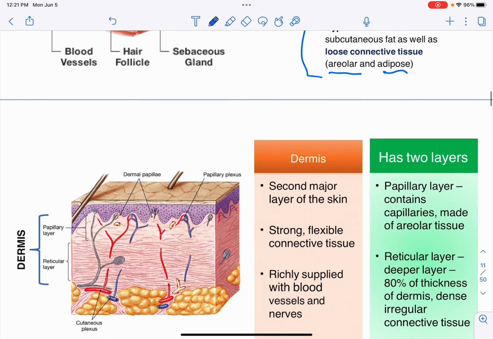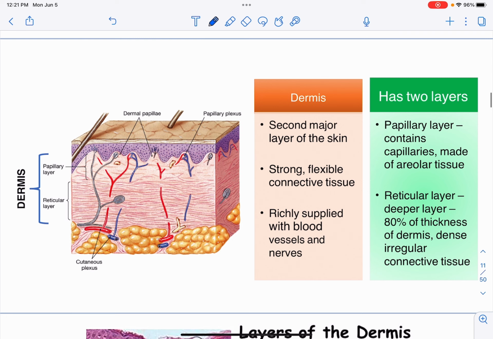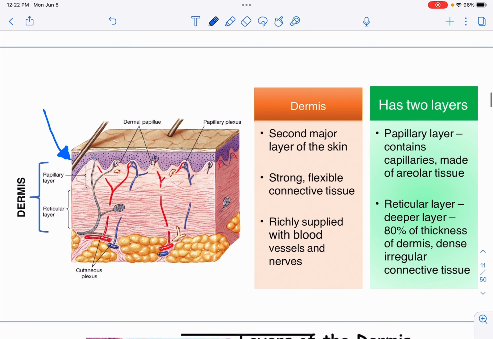All right, let's take a closer look. Again, we are going to come back and talk about the epidermis because there's actually a lot that goes on in it, but I want to give you some basics on some of the other layers first. The dermis has 2 different types of connective tissue, and they have 2 different names.